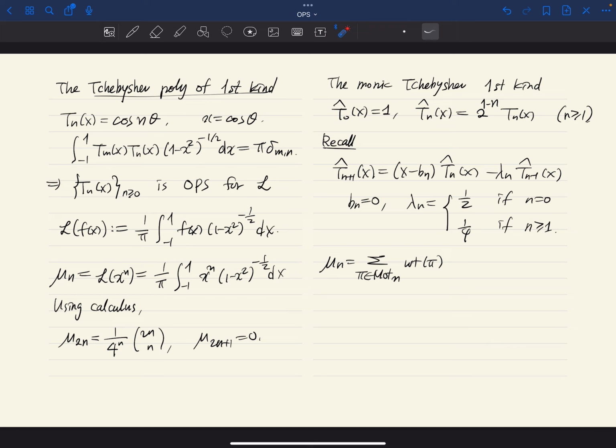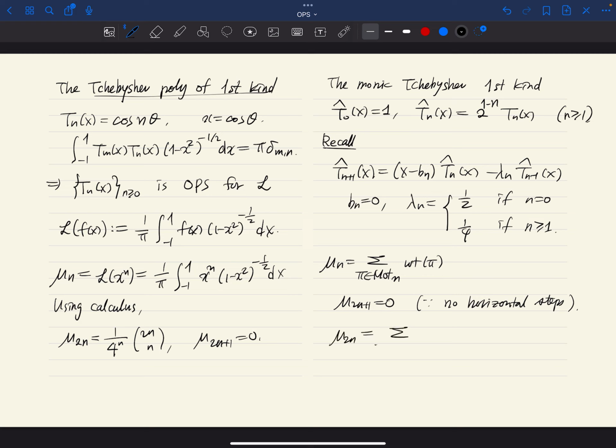So it's going to be 0 unless n is even. So mu 2n plus 1 equals 0 because no horizontal step. You may consider horizontal steps, but their weight will always be 0, so you can just ignore them.